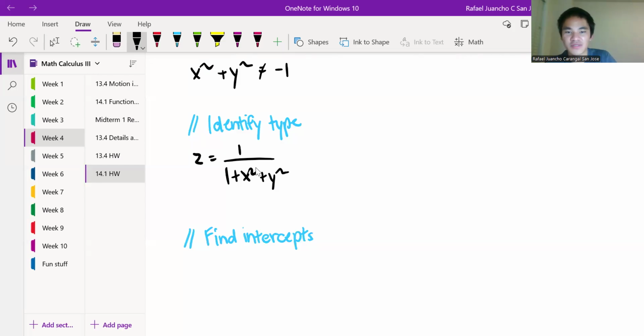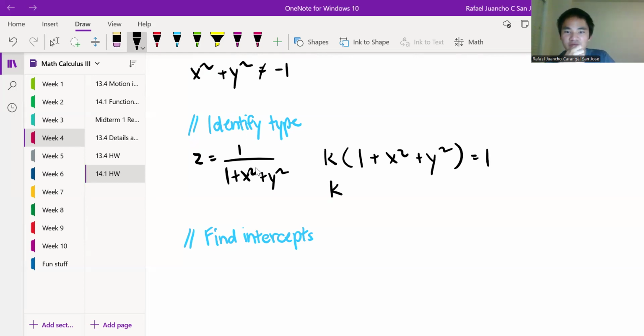There's going to be some constant value k, which I multiply with the denominator, equal to 1.